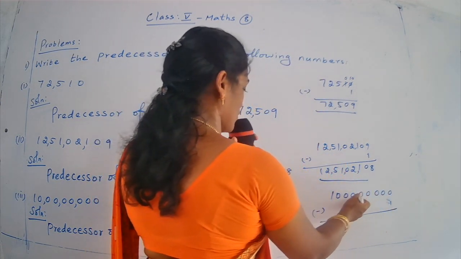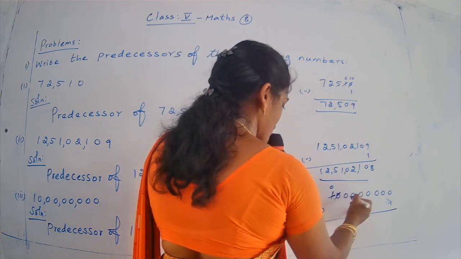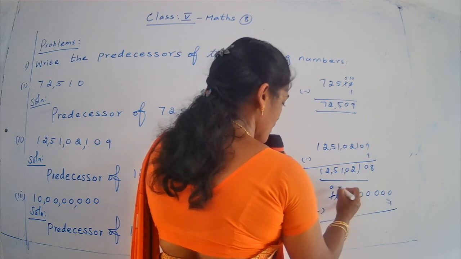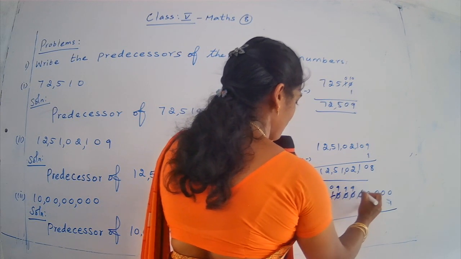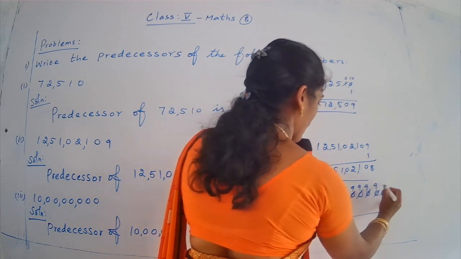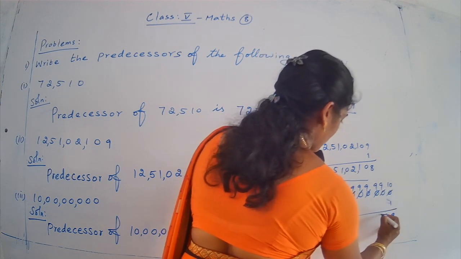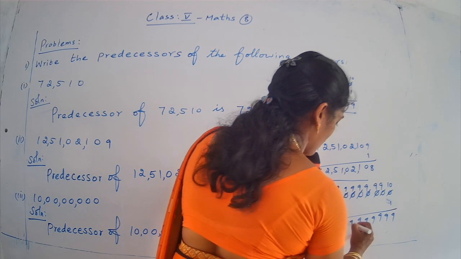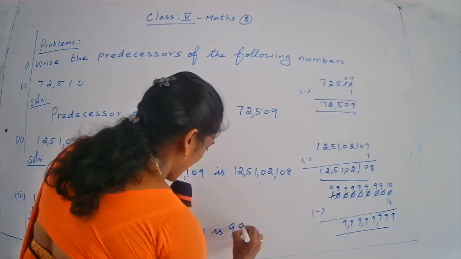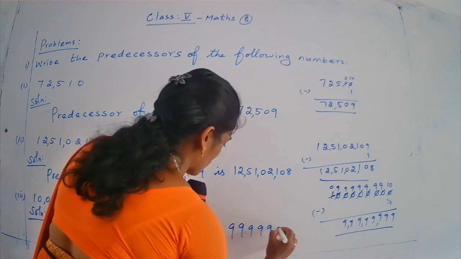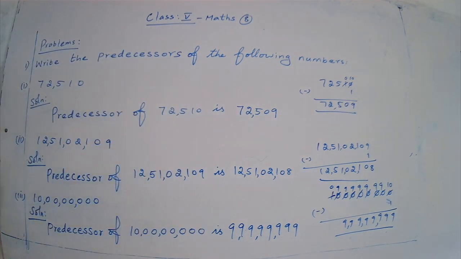All the digits are 0. Then we get a borrow, so 9. Here also 10, then after borrowing, 9. So this is 10, and 10 minus 1 is equal to 9. The remaining digits are all 9. So your answer is 9 crore 99 lakh 99,999. Okay children. Clear? It's so easy.